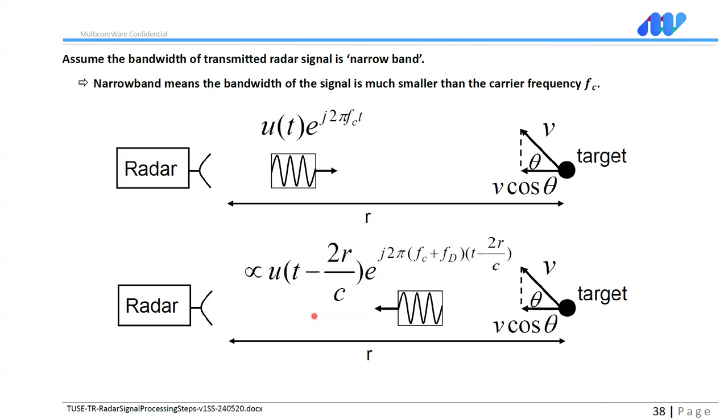It's not only the delayed version of it, but also the frequency is shifted by FT, plus or minus, and we call this the Doppler frequency. So it's roughly the radial velocity of the target divided by the speed of light times the center frequency.